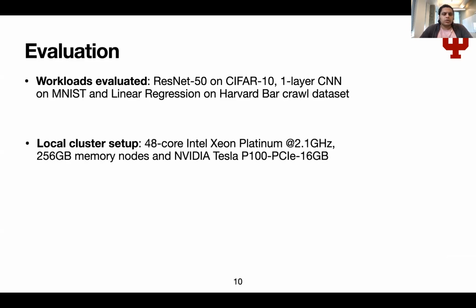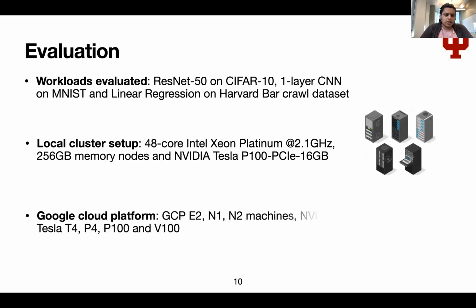We test this on our local cluster setup, which consists of workers with 48 core Intel Xeon Platinum CPUs, 256 gigs of RAM, and an NVIDIA Tesla P100. We also run it on Google Cloud using E2, N1, N2 machines, and NVIDIA T4, P4, P100, and V100.